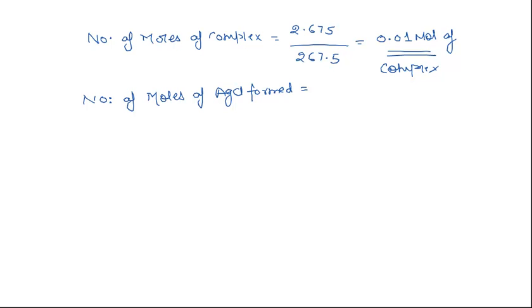The weight in grams of AgCl, that is given as 4.78 grams, divided by the molecular mass, that is 143.5, and this is equal to, let's find out, 4.78 divided by 143.5. Now this will be 0.03 moles, right?